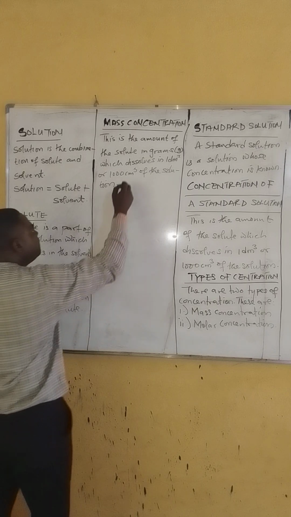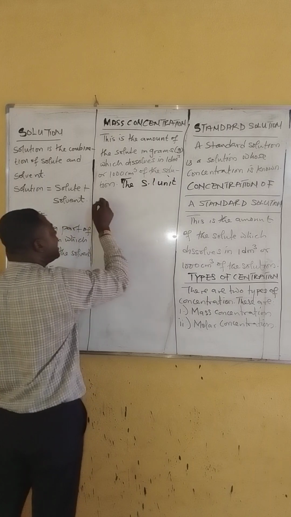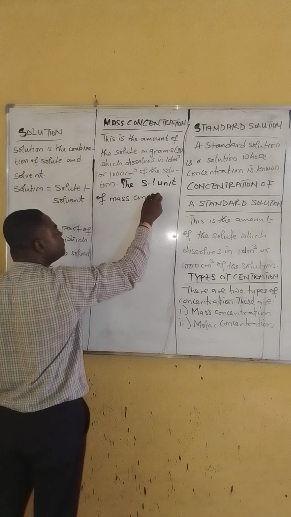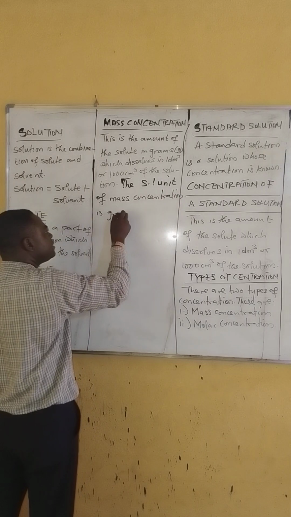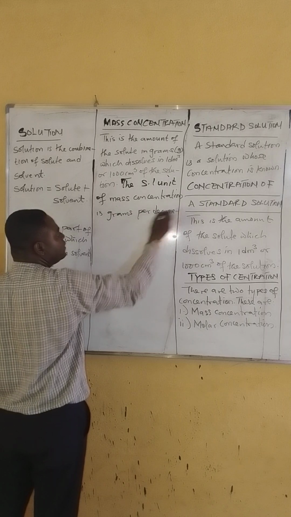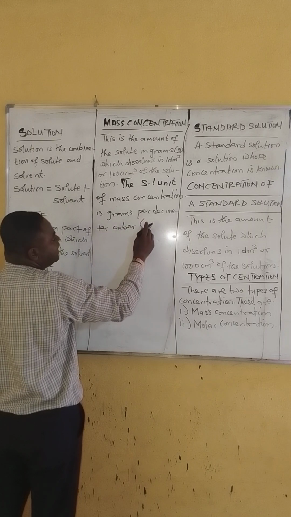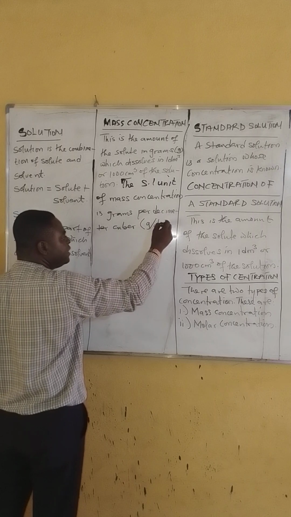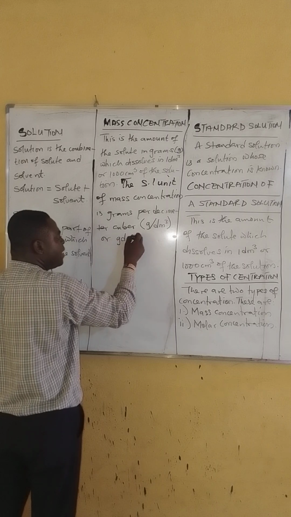And from there, the SI unit of mass concentration is grams per decimeter cube, which is represented as g/dm³ or g dm⁻³.